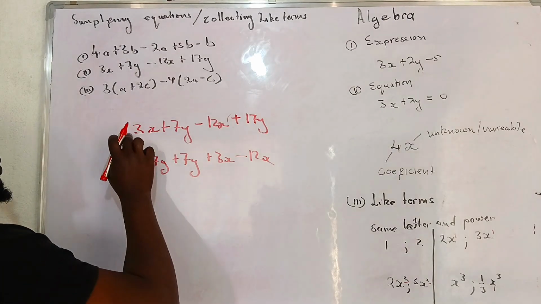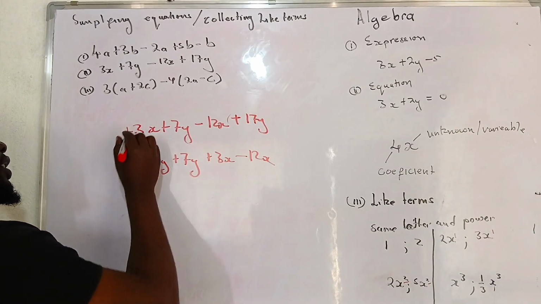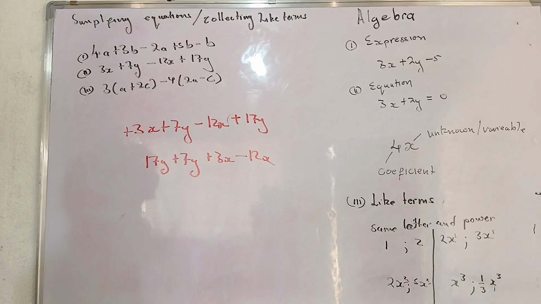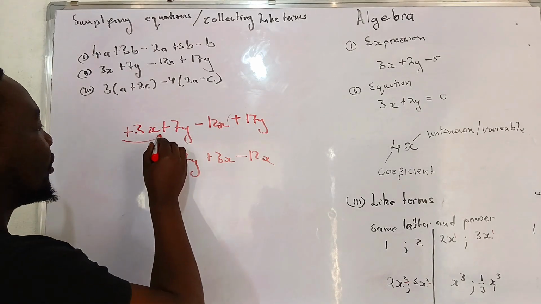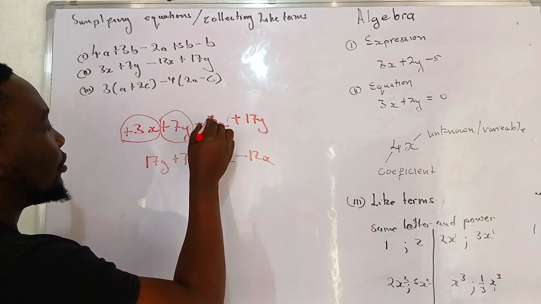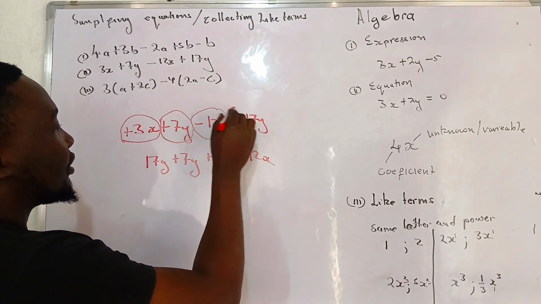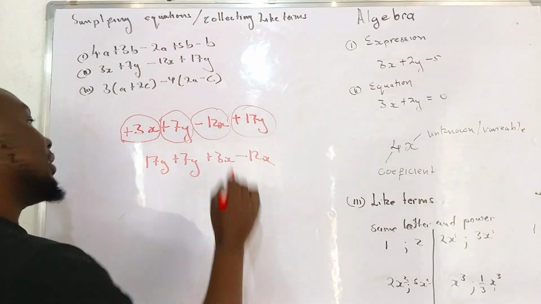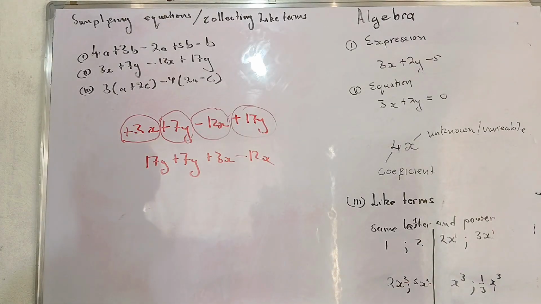So what you do if there is no sign here, you put an addition sign. It means it's positive, so that each term you can house with its sign. So you can see that each term has a sign. So when you move them around, they remain with their sign.